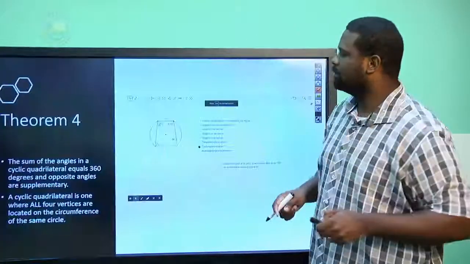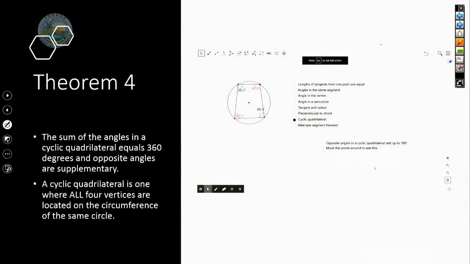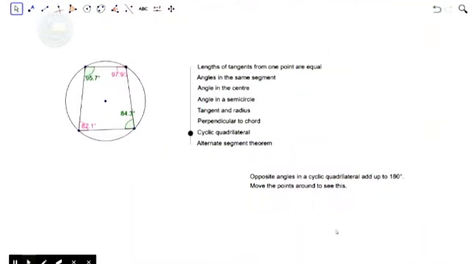Now let's move on. What about Theorem 4? Well, Theorem 4 is all about cyclic quadrilaterals, and let's see what this is about. When it comes to cyclic quadrilaterals, the rule states that opposite angles in a cyclic quadrilateral add up to 180 degrees, or opposite angles in a cyclic quadrilateral are supplementary.